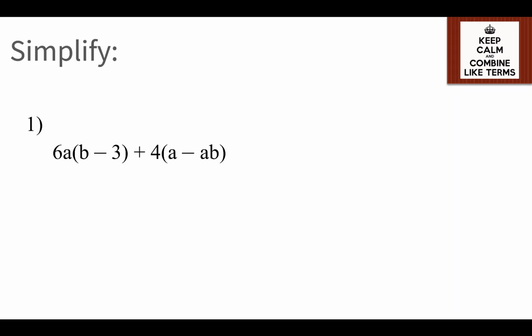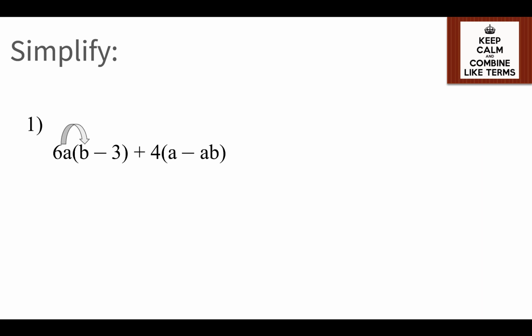So go to that second chunk in your notes where it says simplify each expression and it has a number 1 next to the expression 6a times the quantity b minus 3 plus 4 times the quantity a minus ab. A little different, we have some more variables involved. We have a coefficient as our mama bird in the first part of this expression. We're going to start by distributing.